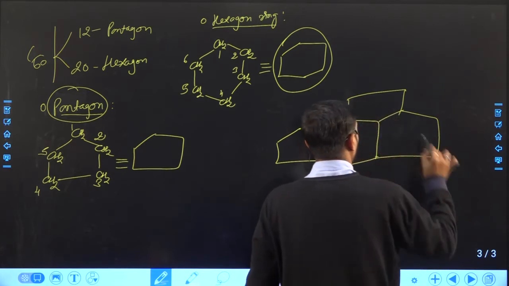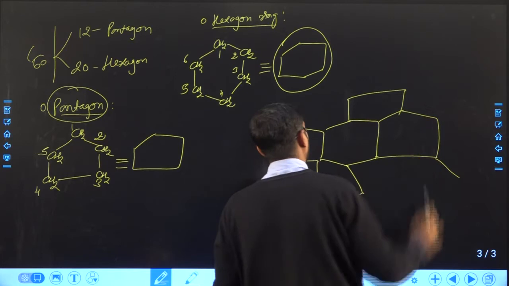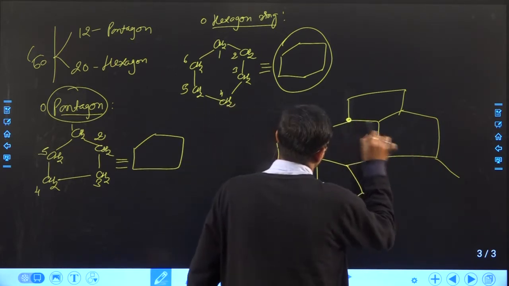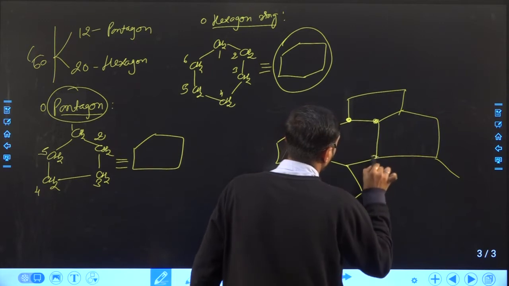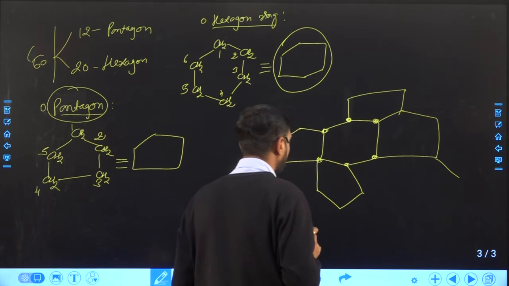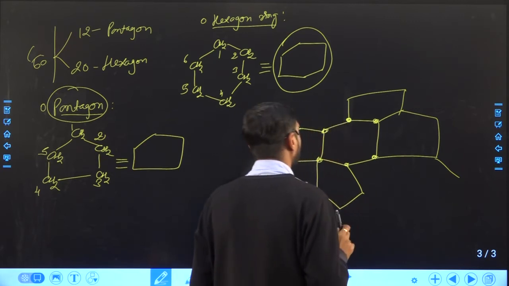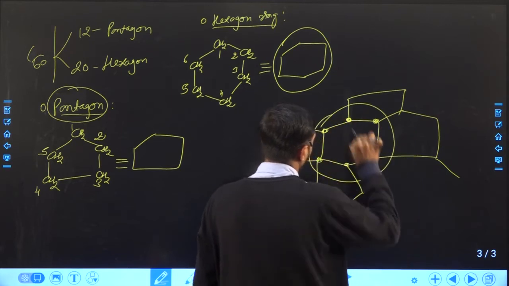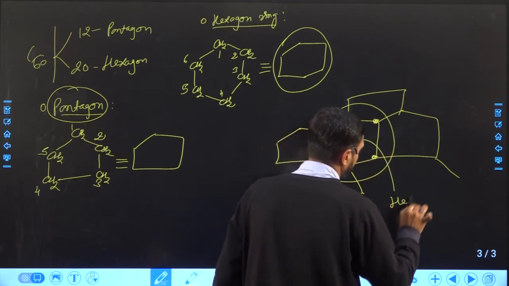Right. So there are many pentagon rings and hexagon rings present, but you can see here that each corner contains carbon. So based on that we can identify whether it is a hexagonal ring or a pentagonal ring. So you can see this ring belongs to a 6-member ring, that means a hexagonal ring.